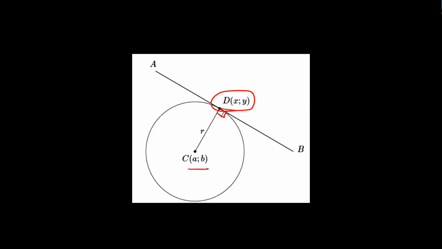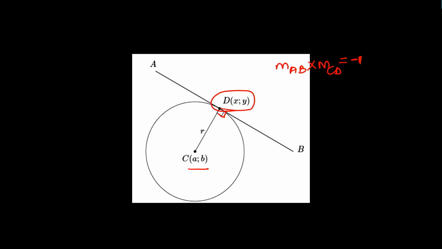You can see that little 90-degree sign there, that tells us that CD is perpendicular to AB. This is incredibly important because when we have perpendicular lines, we can say that the gradient of AB times the gradient of CD is equal to -1.